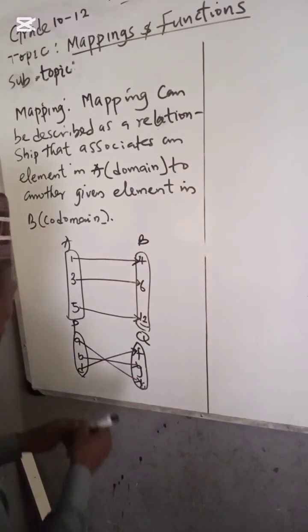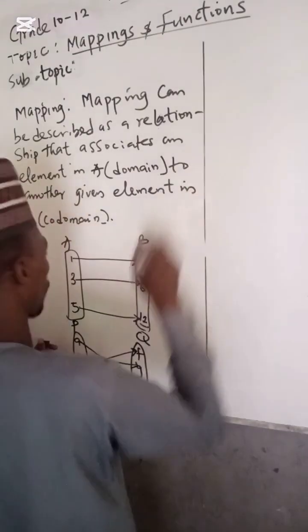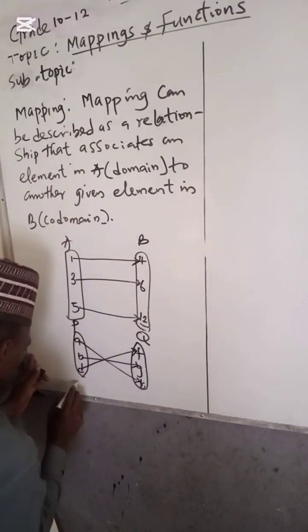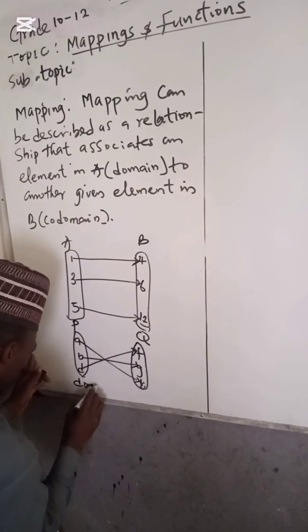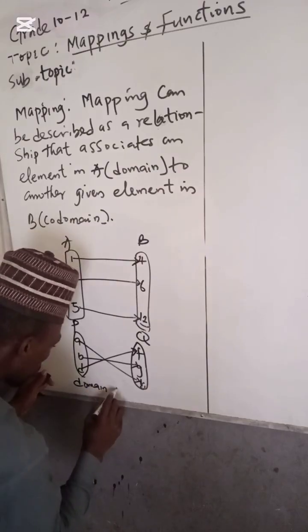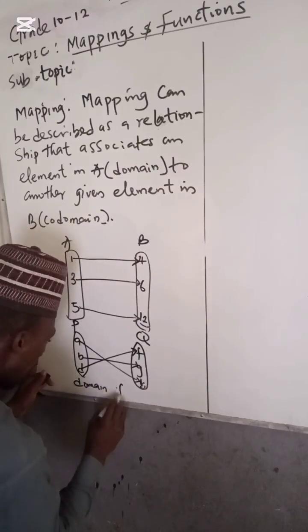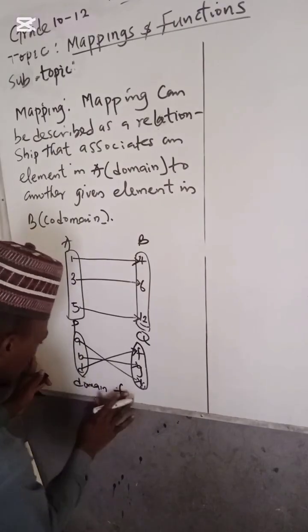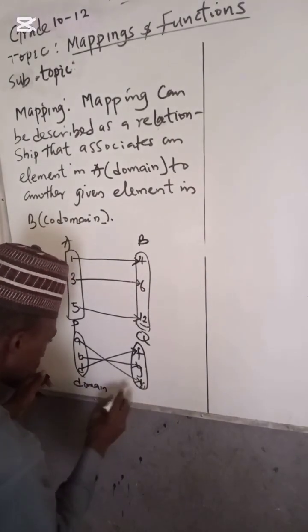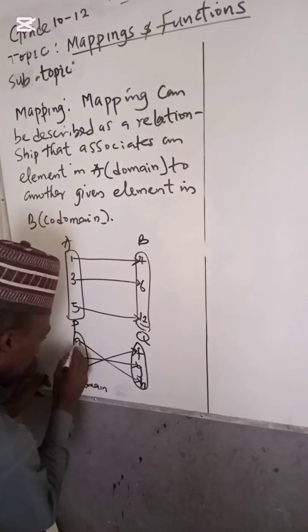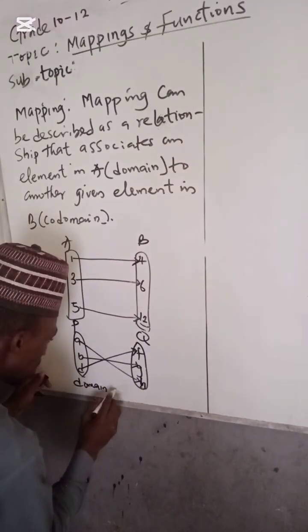Now, look at this. We can say, okay, domain A has H as its image.